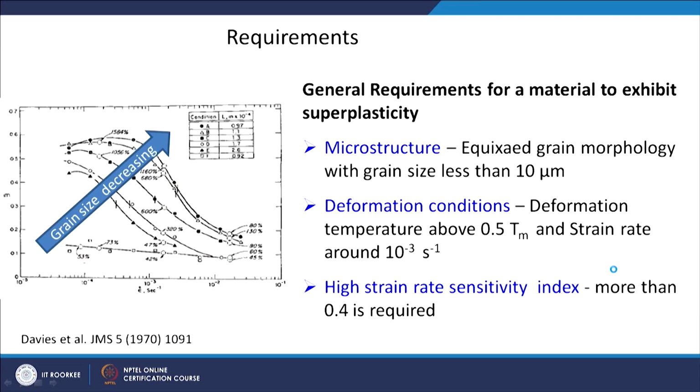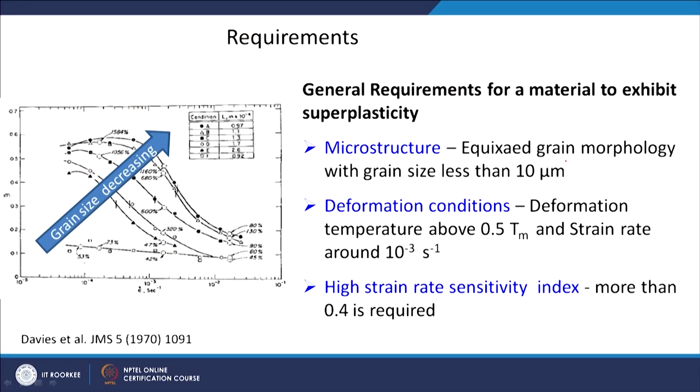Now, what are the general requirements for a material to show superplasticity? There are three main conditions. The microstructure should be equiaxed, that means in any direction if you measure the grain size, it will have the same size.